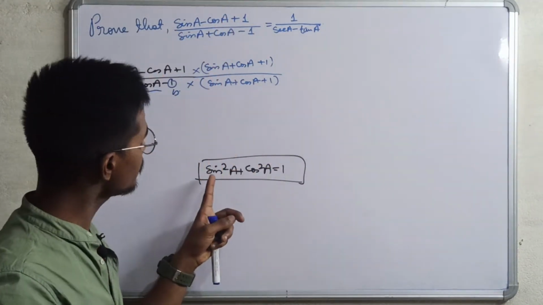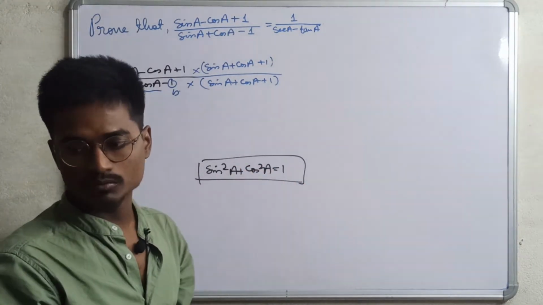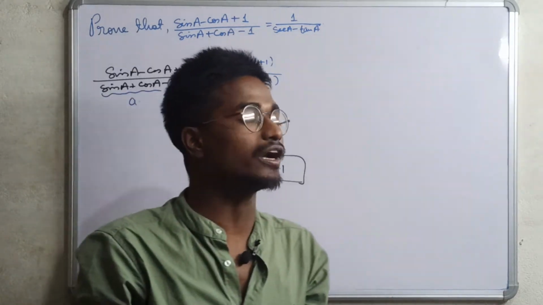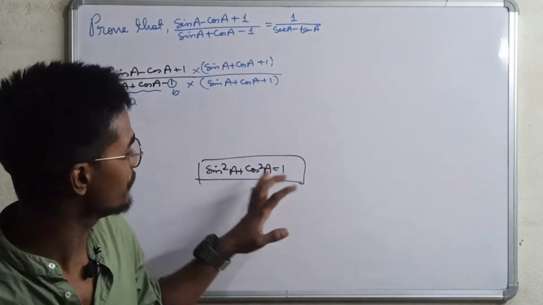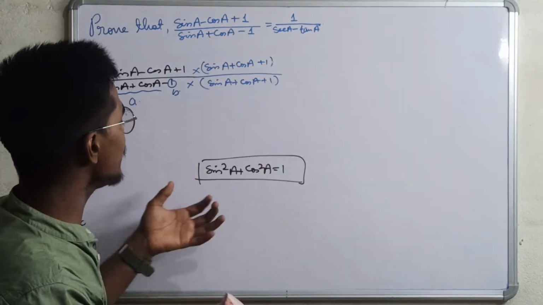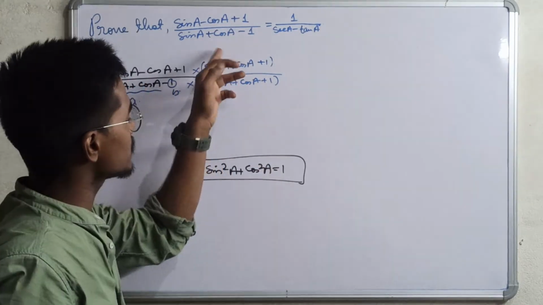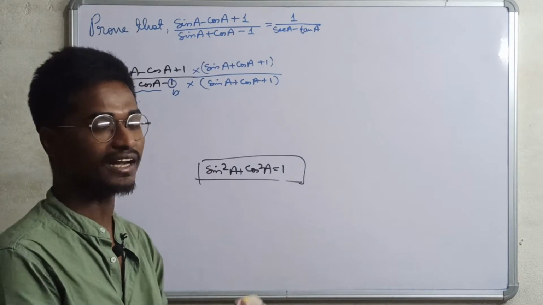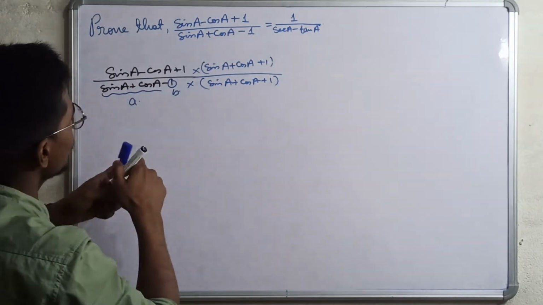In the denominator we generally want the fewest terms. So to vanish these terms, we need sine square a plus cos square a, which will bring 1 and get cancelled with this one. That's why I am rationalizing.